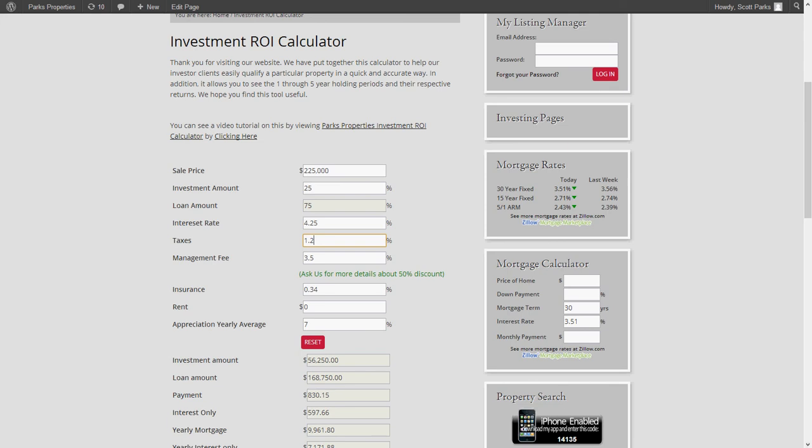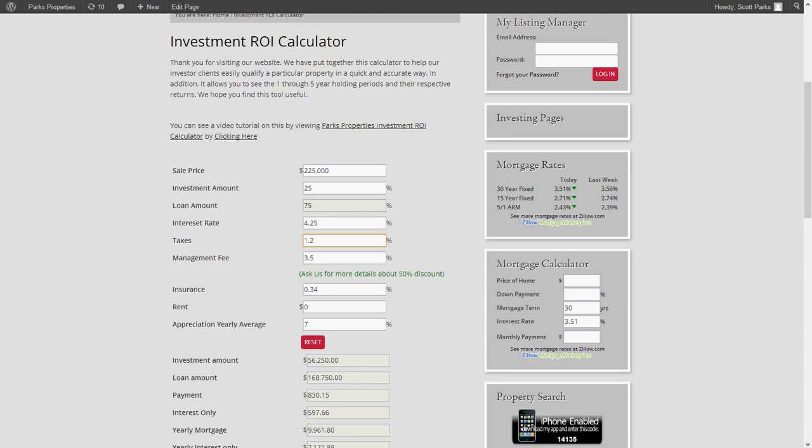Typical tax ratio we use is about 1 to 1.25% of the value. For the example, we'll leave the default at 1.2. Now we do management for properties, and typical management fees are roughly between 7 to 10%.